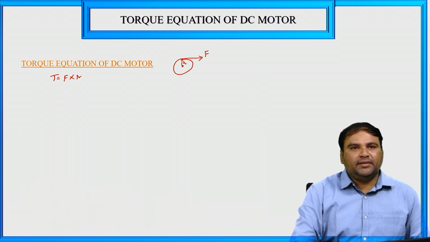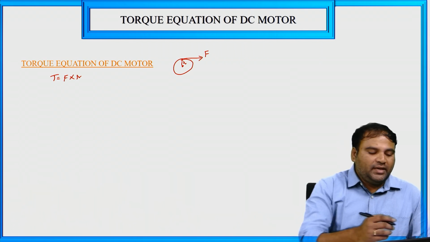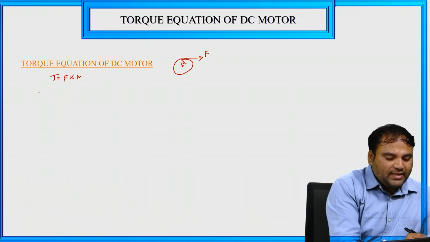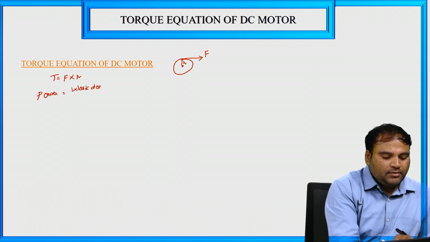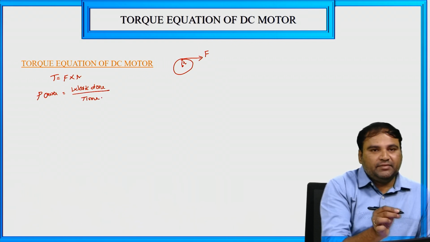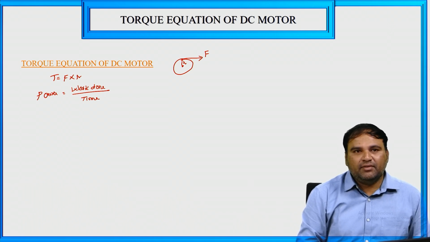If the motor is running, some amount of power is developed by the DC motor. So I am representing that power as power equal to work done with respect to time, or energy with respect to time. Work done means work done in one revolution.